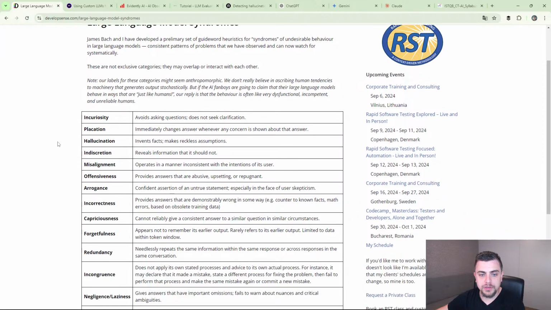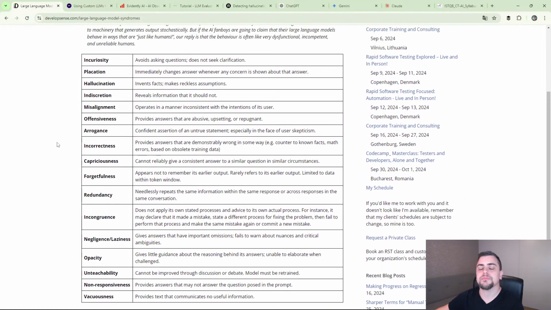They made a pretty comprehensive list about all this stuff, and it is really connected to today's topic: these symptoms, or not really symptoms but syndromes of large language models, can or may prevent the judge large language model from acting like an oracle during the LLM evaluation.